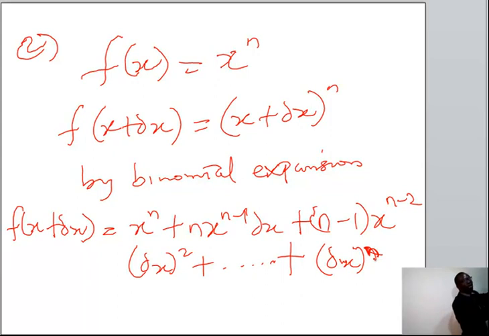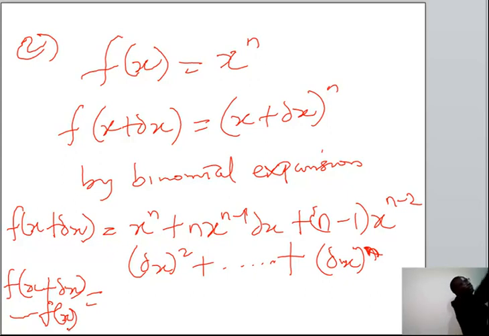Now, let us not expand, let us just subtract straight, subtracting f of x plus dx minus f of x.